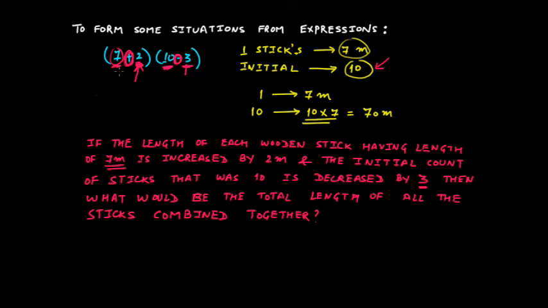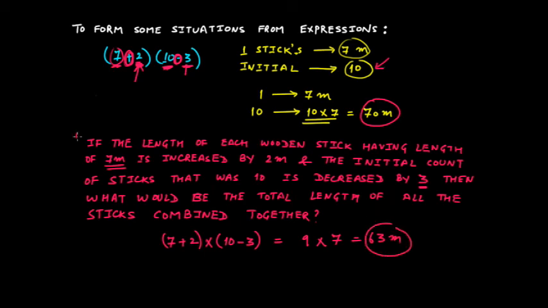Now my length has been increased by 2, 7 plus 2, and my count has been decreased by 3 from 10. So 10 minus 3, so my new total would be 9 multiplied by 7, which is equal to 63. So initially the total combined length of all the sticks was 70 meter, and in this case it is 63 meter. So this is my real life situation.